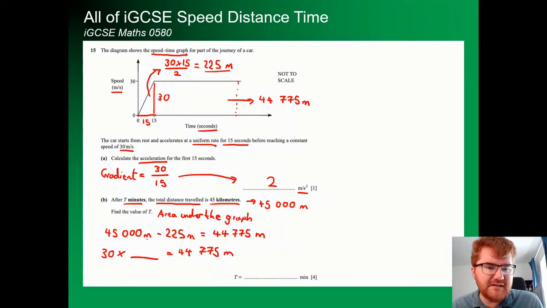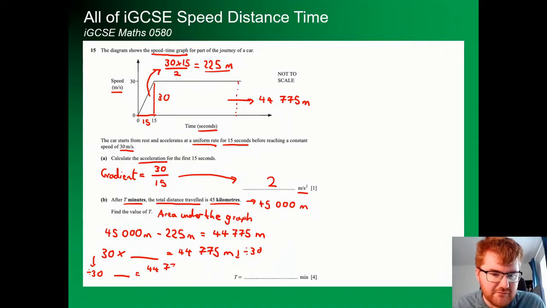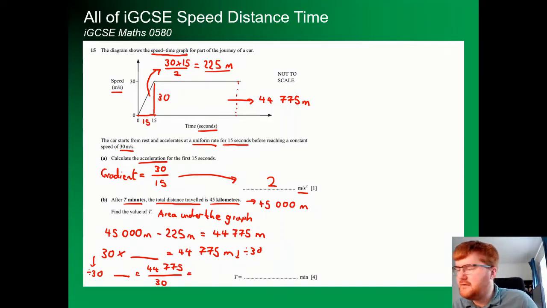So to work out this thing, what's the opposite of timesing by 30? Well, divide by 30 on both sides. So this thing I'm looking for, the length here, is equal to 44,775 divided by 30. And if we pop that into our calculator, we get 1,492.5.